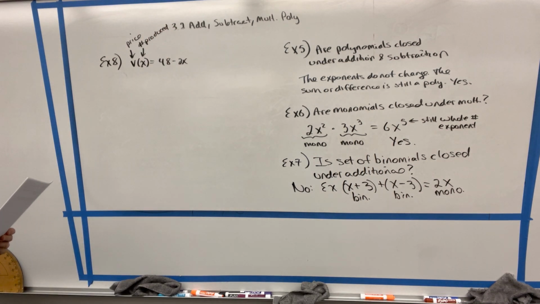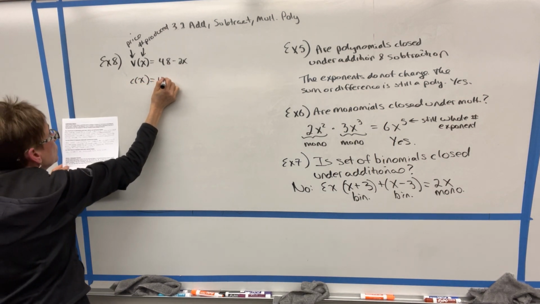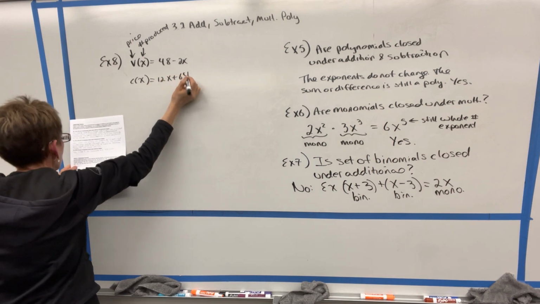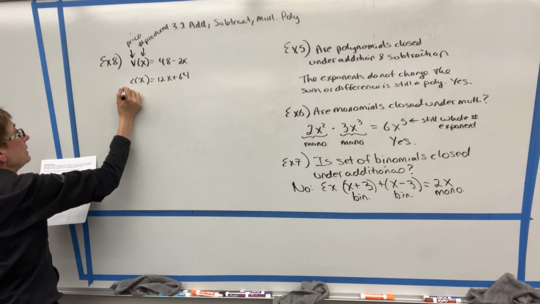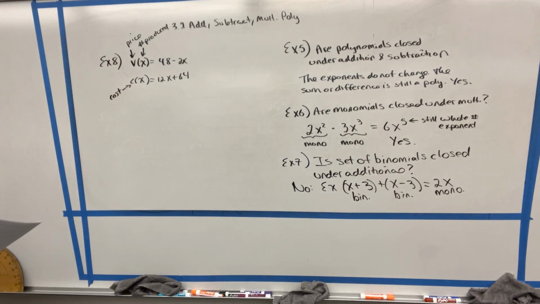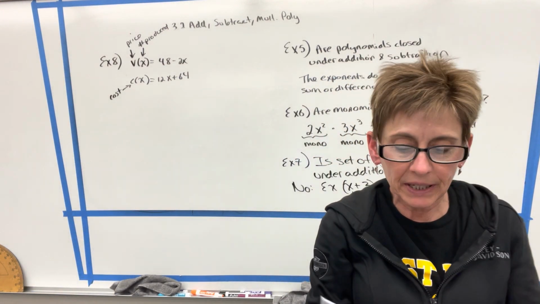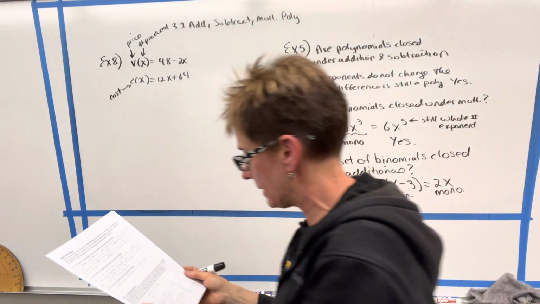The cost, c, of making wind chimes can be represented with the function c of x is equal to 12x plus 64. Again, x is going to be the number produced and the c is going to be the cost. How many wind chimes should Carolina sell each week to maximize her profit?